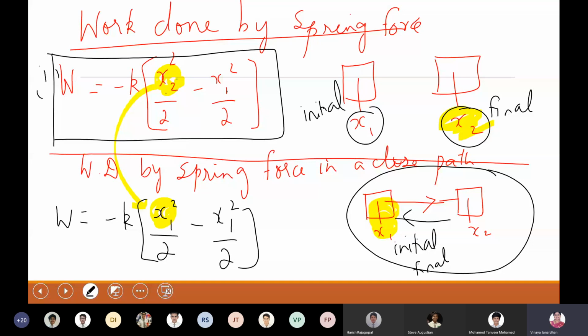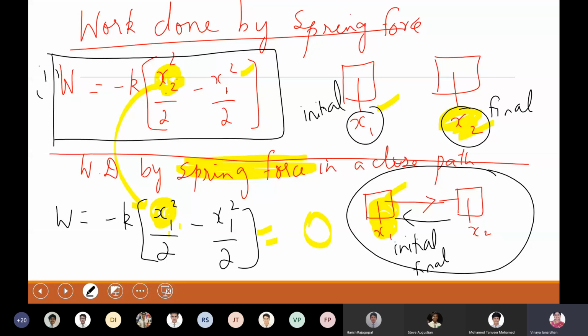In the second case, x1 is the final position. But initial position in both the cases is the same. Now, what happens to this value? The work done is 0. So the work done by your spring force in a closed path, where initial and final position are the same, is 0.